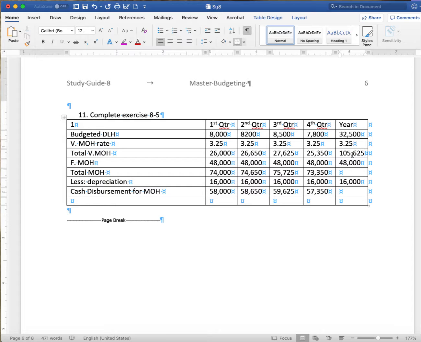105,625. I add, I messed up. For the year, the fixed manufacturing overhead is $192,000 because that's 48 per quarter, right? Not 48 total. 48 times 4 gives me 192. The total MOH is the 105 plus the 192, should give me 297,625.